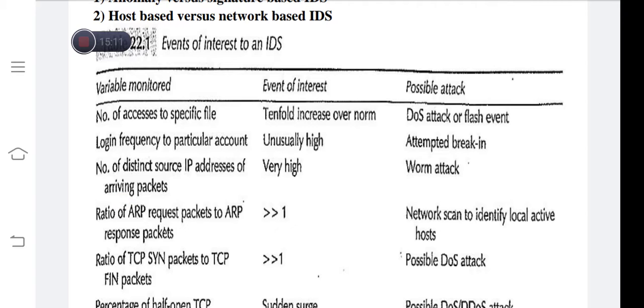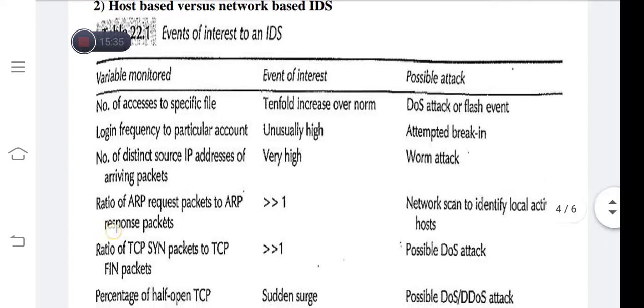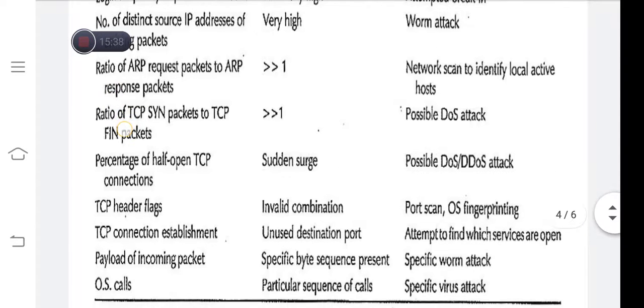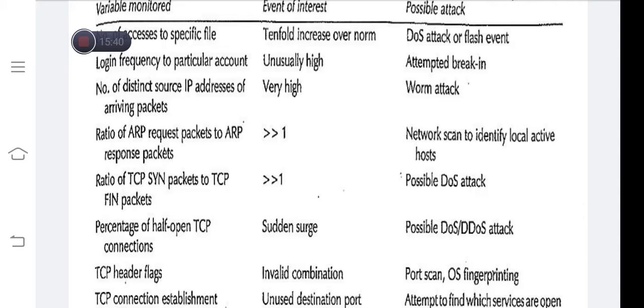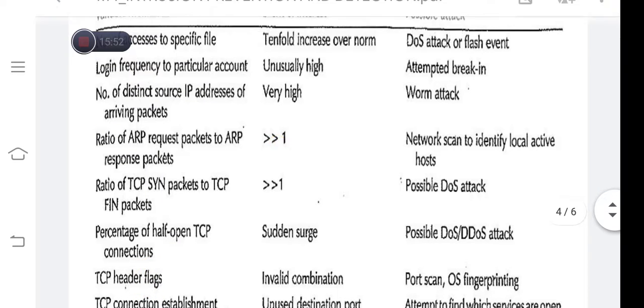So in the table we see a sample of the variables together with a condition that may trigger an alert. Some of the variables depend on bit patterns in the packet header or the packet payload, and other variables, as we see in the first column, are counts of a certain occurrence within a time interval.